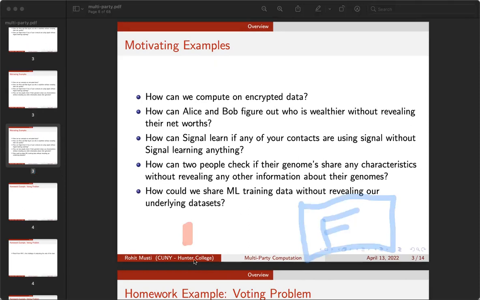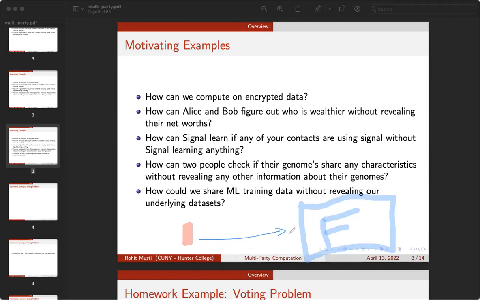Facebook wants to take my data, and they want me to give them my data, and then they can compute that against their machine learning models, and they can profile me and do all sorts of other weird things with my data.